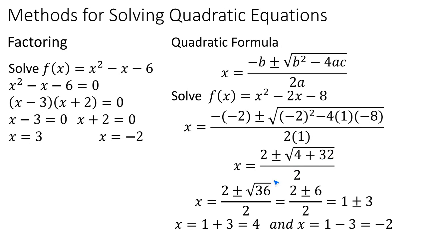So 4 plus 32 is 36, and then the square root of 36 comes out as a 6. So then here, if you notice, 2 divided by 2 is 1, and 6 divided by 2 is 3. So if we separate these, then we end up with x equals 4 and x equals -2. And so that's going to be our solutions.